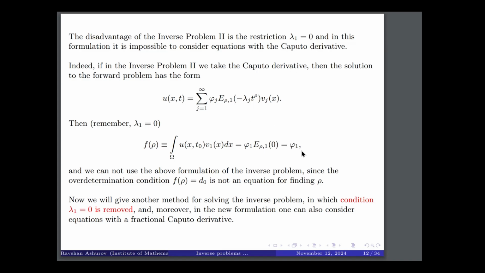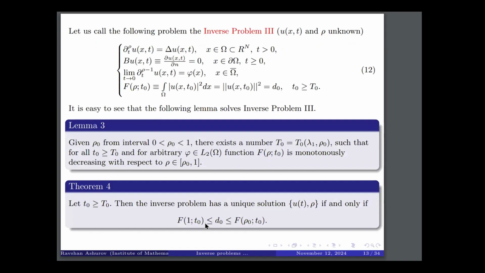Now we give another method in which we can remove the condition lambda 1 is equal to 0, and also we can consider Caputo derivatives. Okay, now this problem we call inverse problem 3. So again, the first 3 lines are as before, this is the forward problem, and we have an additional condition in the following form.